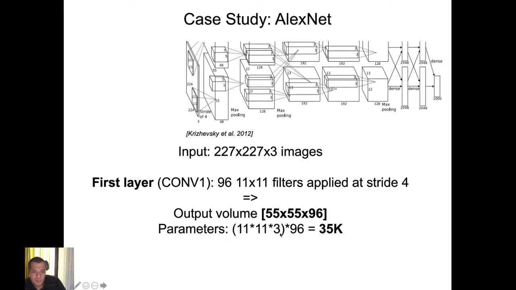So this is roughly 360, and assuming that this is roughly 100, you get around 35k parameters here. So in the first layer they have about 35,000 parameters.